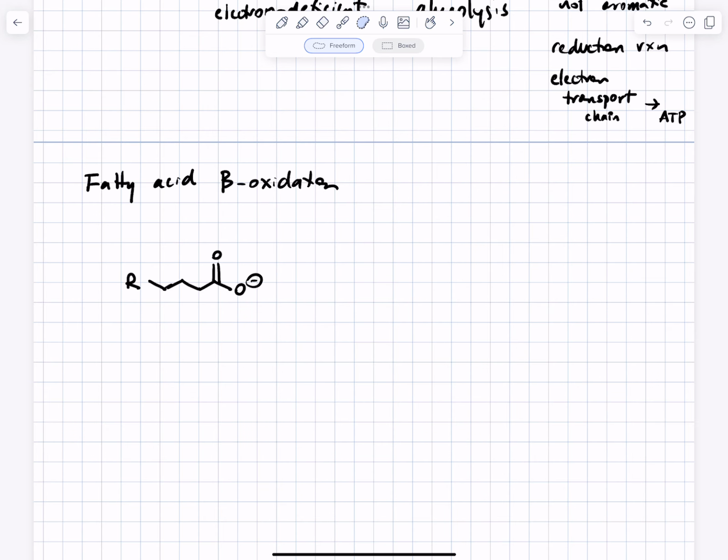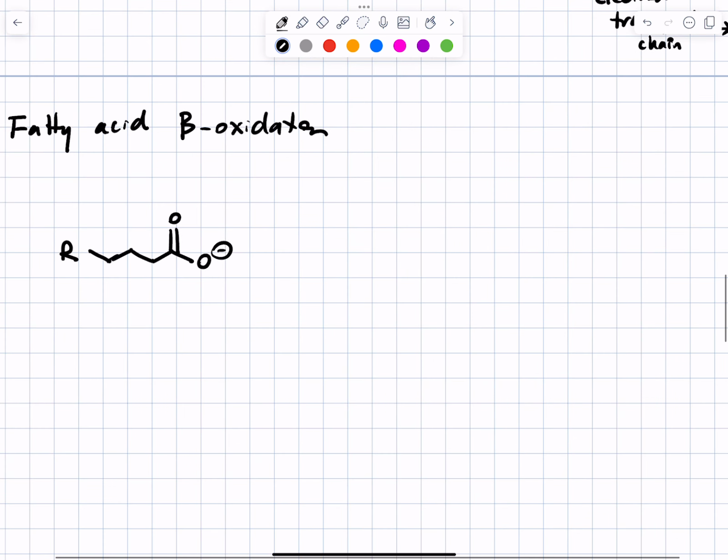You will use a reaction you've seen before when we did nucleophilic acyl substitution, so this is going to be mostly a review.